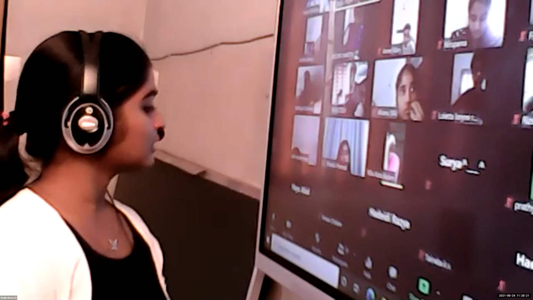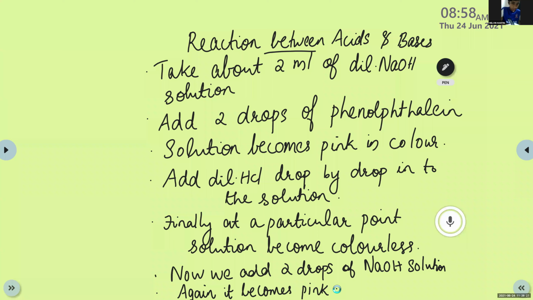Will you show the screen? Yes. Surya, can you please read this line? Take about 2 milliliters of dilute NaOH solution. Add 2 drops of phenolphthalein. Solution becomes pink in color.